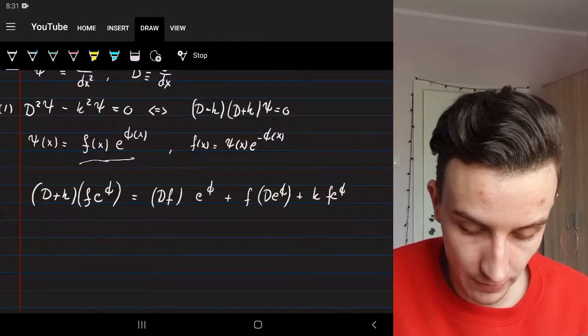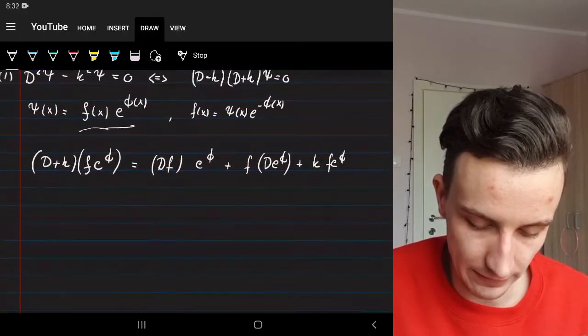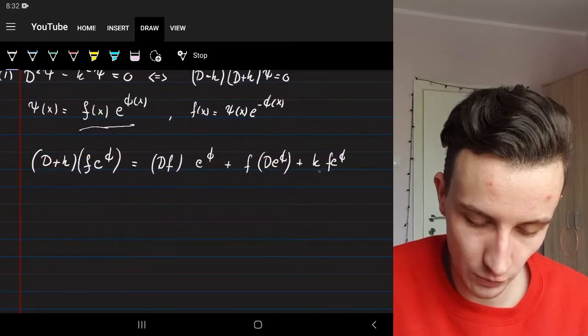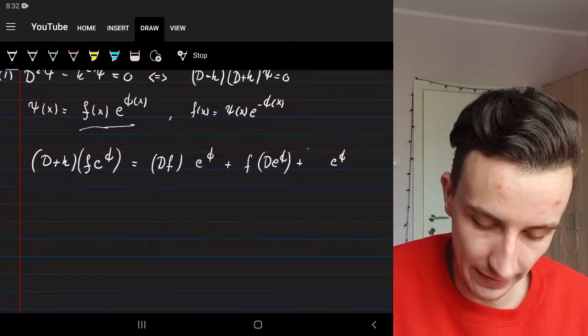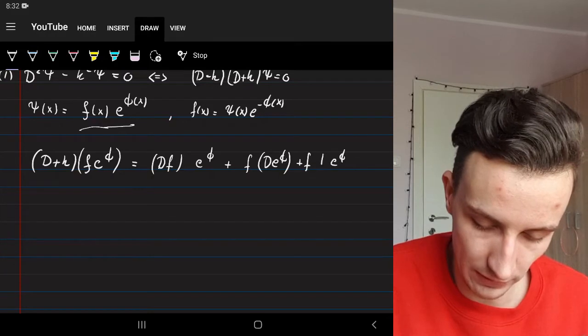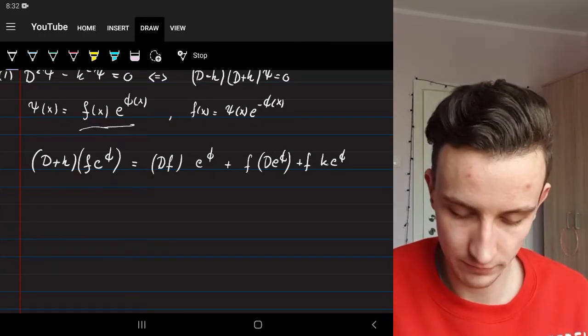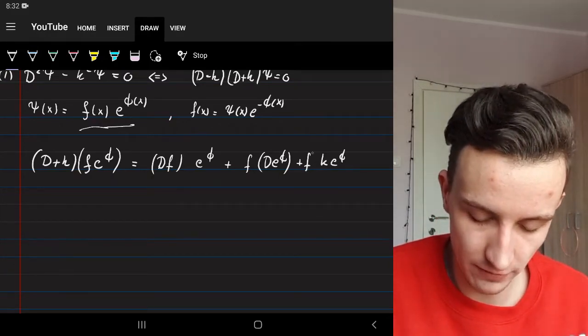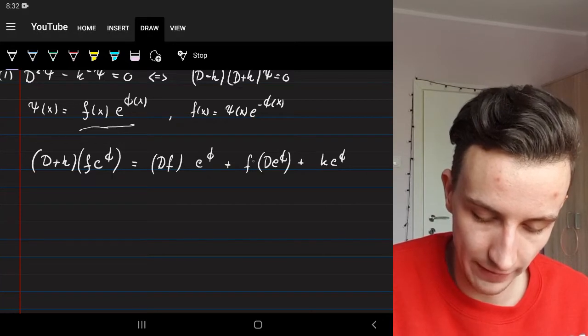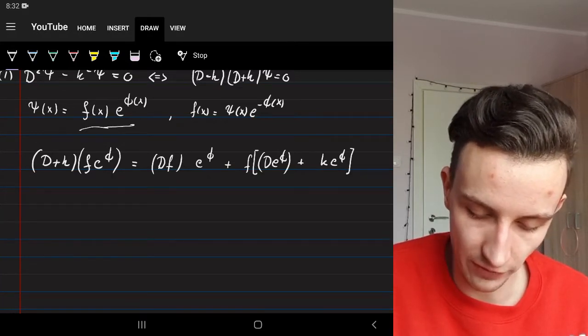Since k is a constant, we could just let k multiply e to the phi as well, like this. And then we can just factor f out in front.